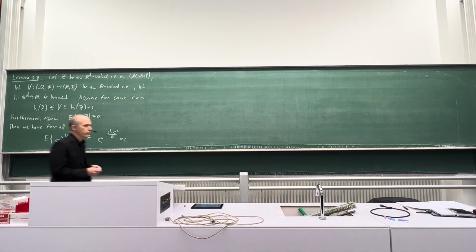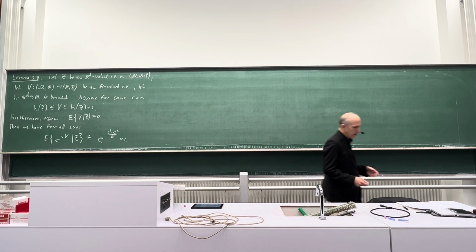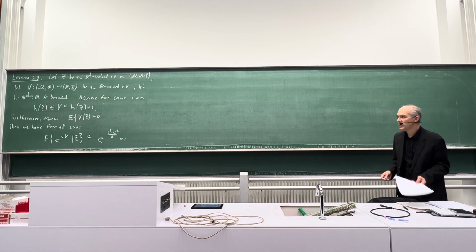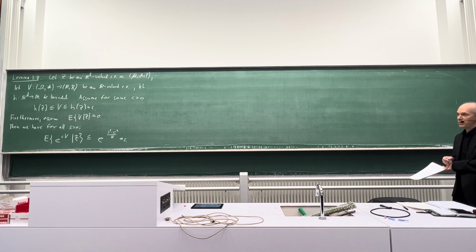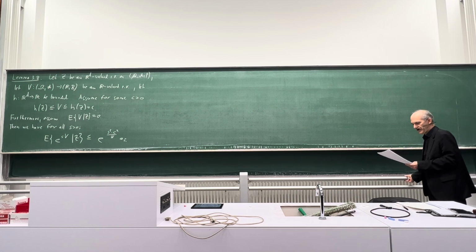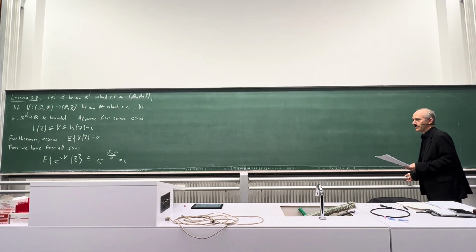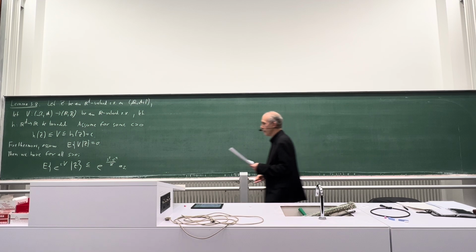And next we have to prove this, and this is a technical proof. So let me look into my notes. It's basically based on the convexity of the exponential function. So proof.